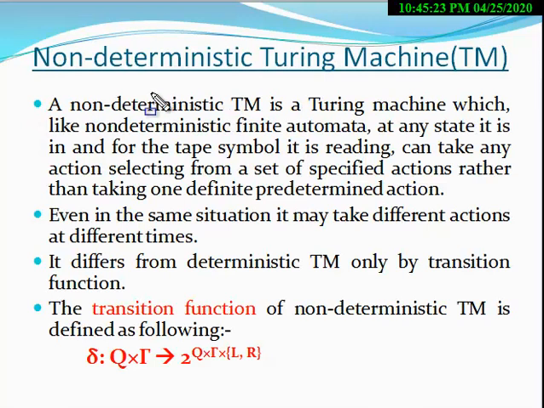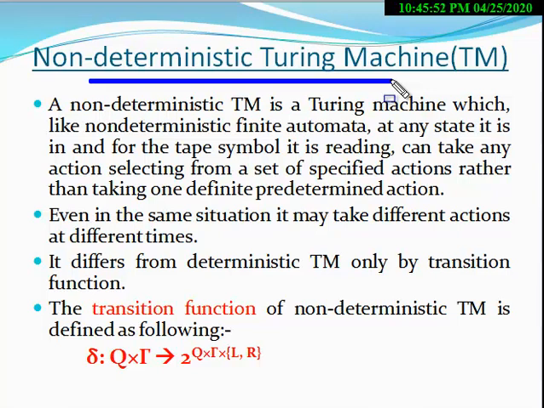The first Turing machine is non-deterministic Turing machine. The non-deterministic Turing machine is like a non-deterministic finite automata. This differs from the deterministic Turing machine, like the non-deterministic finite automata differ from the deterministic finite automata.